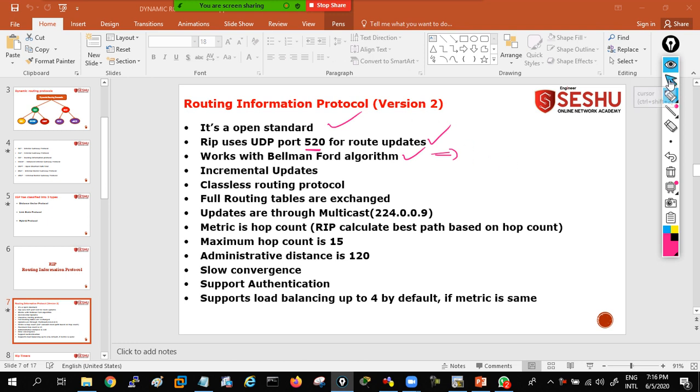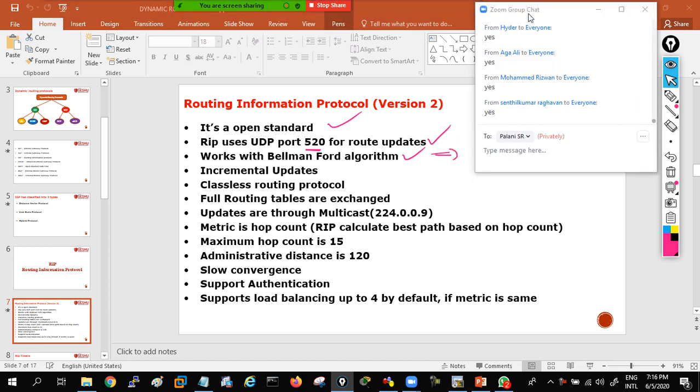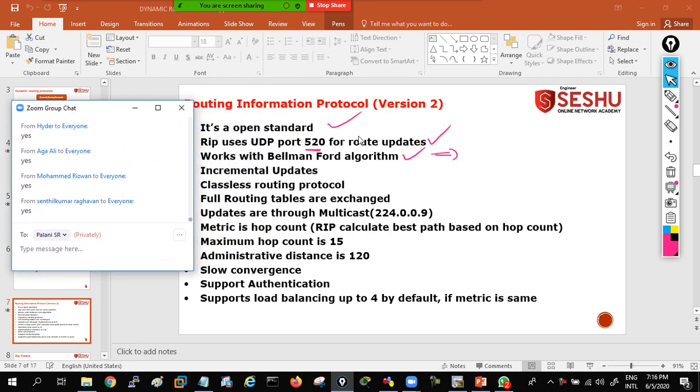Can you please type it there? How is it going to find the best route? What is the metric for RIP? Hop count. You need to say hop count, right? Based on the hop count, it calculates the best path. It never considers bandwidth or anything. Everybody has to give this answer, guys. Hop count. Remember that, okay?